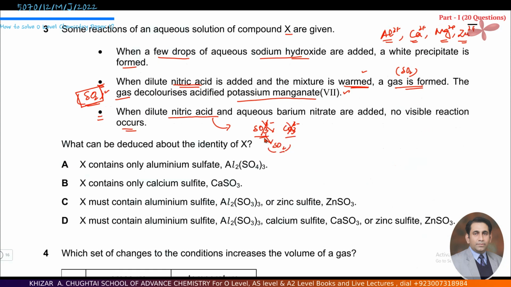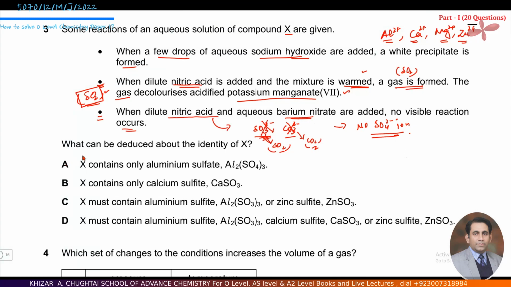SO2 gas is formed from sulfite, and CO2 gas is formed from carbonate ion. So if you add dilute nitric acid and then barium nitrate, no precipitate means no SO4 2 negative ion is there.